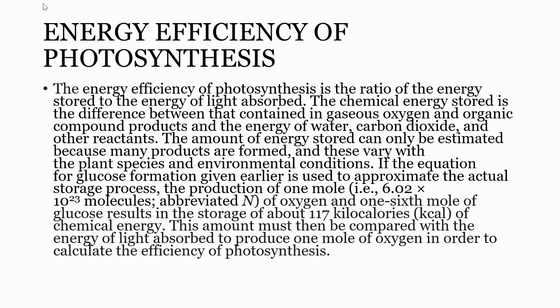If the equation for glucose formation given earlier is used to approximate the actual storage process, the production of 1 mole, that is 6.02 multiplied by 10 to the power 23 molecules, abbreviated as N, of oxygen and 1/6 mole of glucose result in the storage of about 117 calories of chemical energy. This amount must then be compared with the energy of light absorbed to produce 1 mole of oxygen in order to calculate the efficiency of photosynthesis.